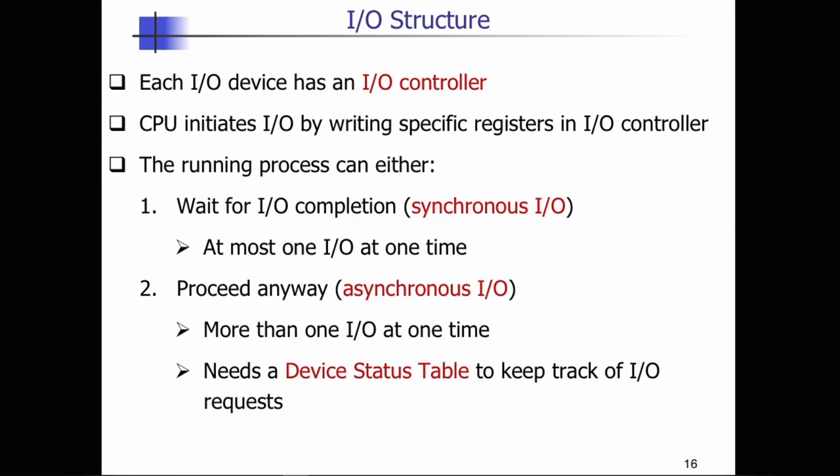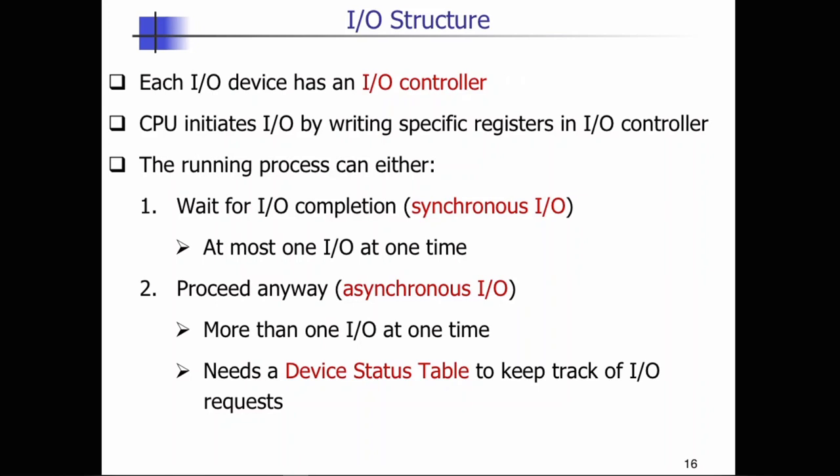We would want multiple devices to be included in this. So I/O interrupts for multiple devices being staggered or run in parallel cannot be done using synchronous I/O. One advantage, however, with synchronous I/O is the operating system is going to know which device has requested that I/O, which device raised that hardware interrupt.